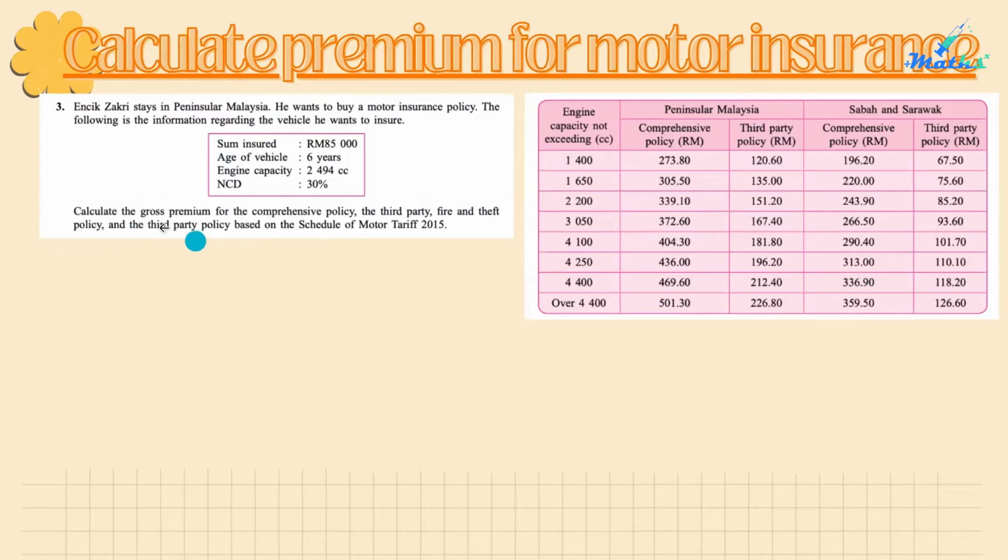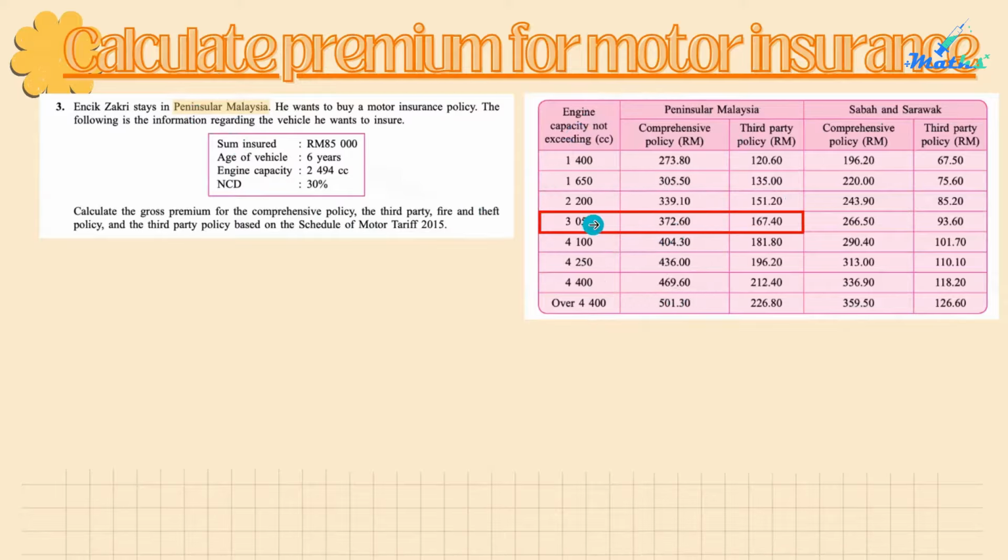So calculate the gross premium for the comprehensive policy, the third-party fire and theft policy, and the third-party policy based on the Schedule of Motor Tariff 2015, which is this table. So let's check. Encik Zakri stays in Peninsular Malaysia, so we need to check here.